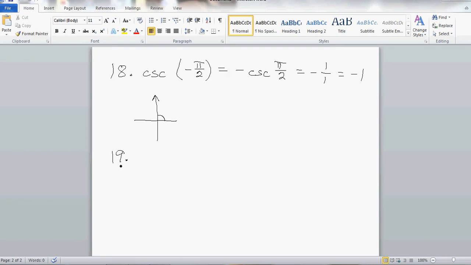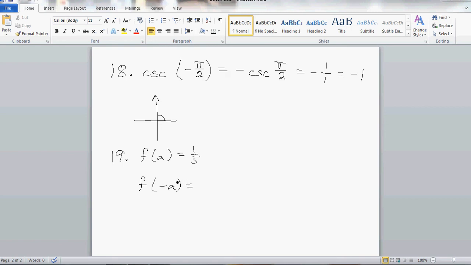And then the final example for this section is number 19. We are talking cosine of theta because f of theta is cosine of theta. f of a is equal to 1/5. We are asked what is the exact value of f of negative a.